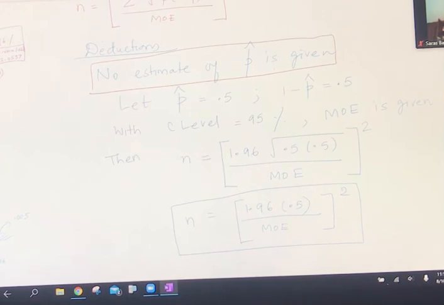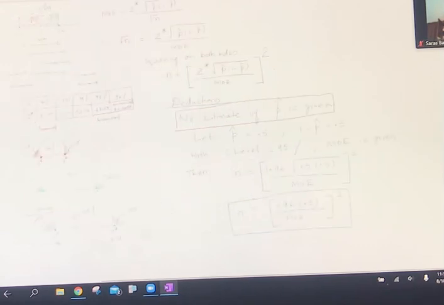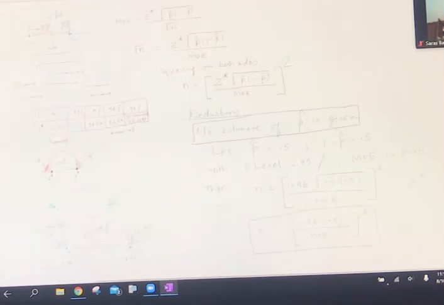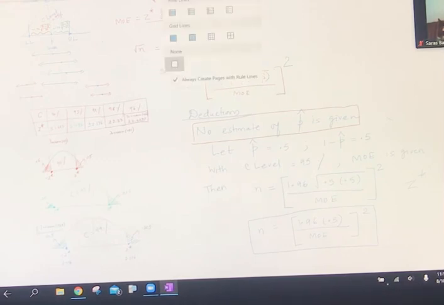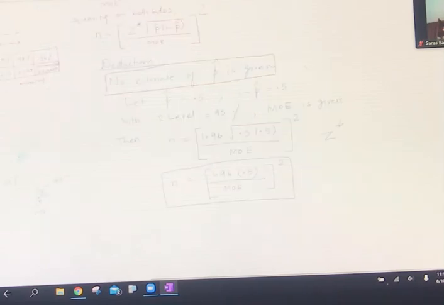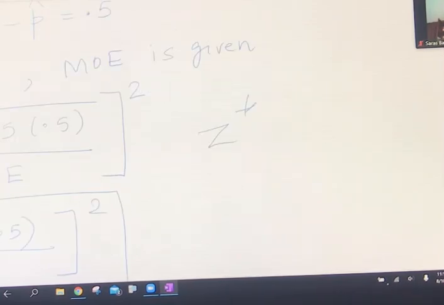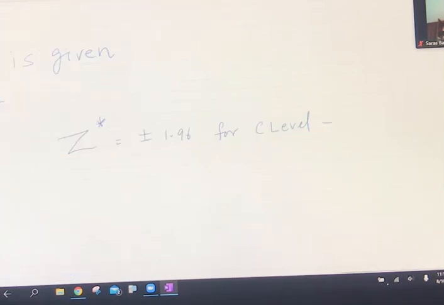So the z star value is going to be equal to plus or minus 1.96 for C level is equal to 95%. That's right.